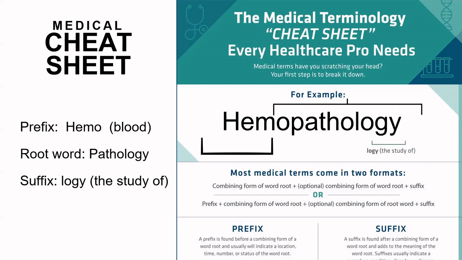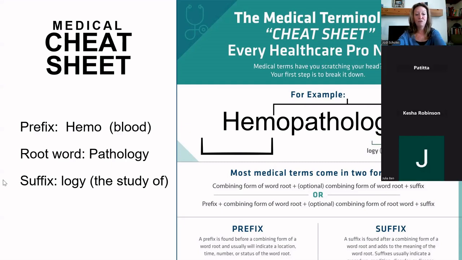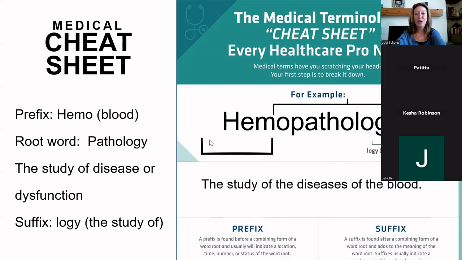What's the definition of pathology? So it is the study of diseases. And so hemopathology is the study of disease or dysfunction. So this is the study of diseases of the blood.